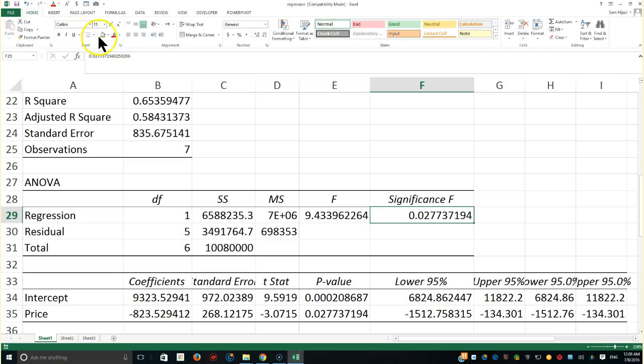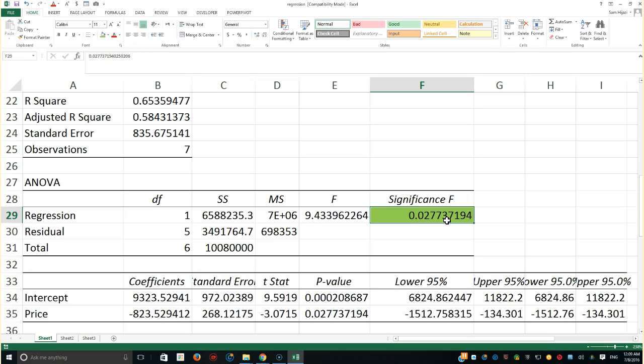If this value is less than 0.05, remember we put the confidence level at 95%, so it has to be less than 0.05, we are okay. Obviously, we are okay. We cannot disagree that 0.027 is less than 0.05.